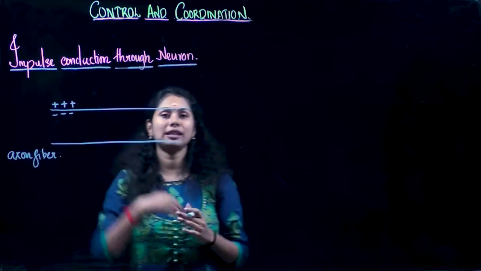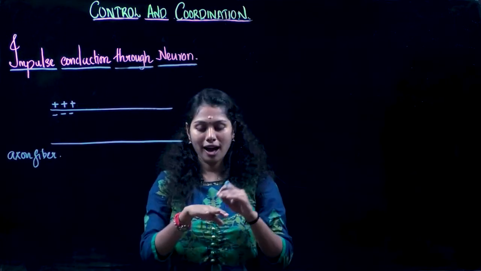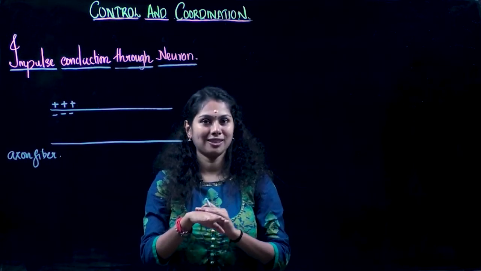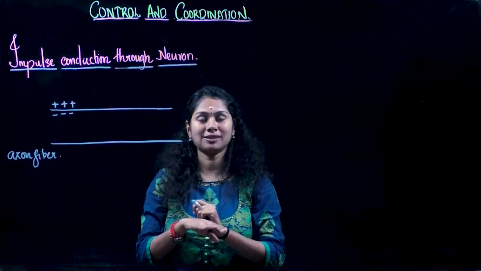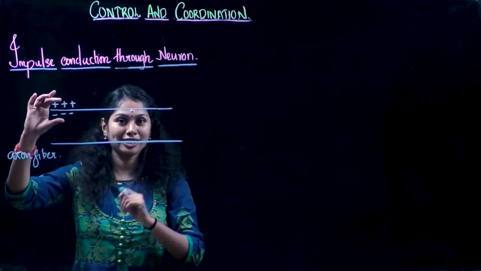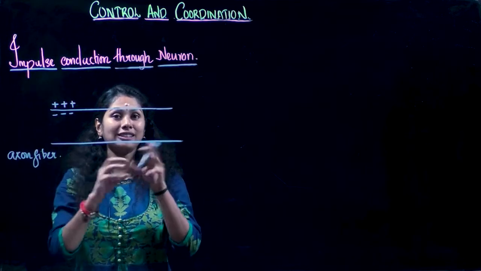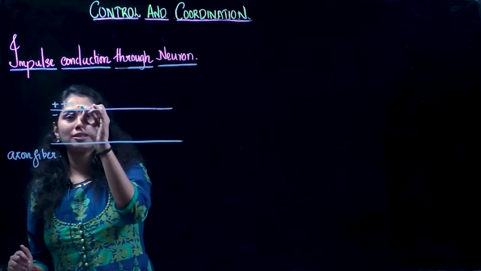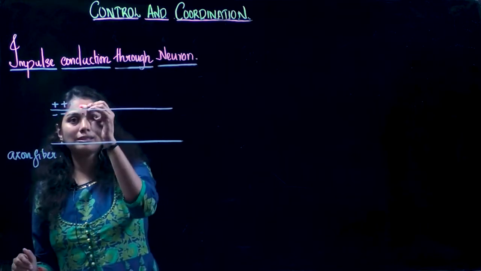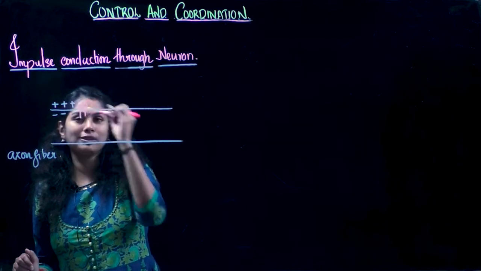So the axon is resting now and I am making a disturbance. At the stage of disturbance, somehow this electrical balance is getting disturbed. So what happens? Some channels in this membrane open, like sodium channels.